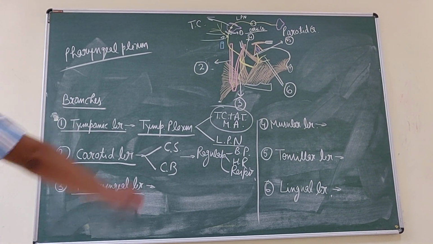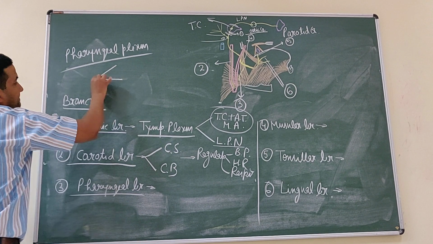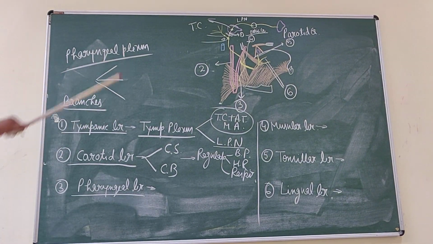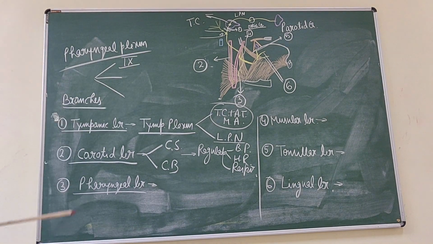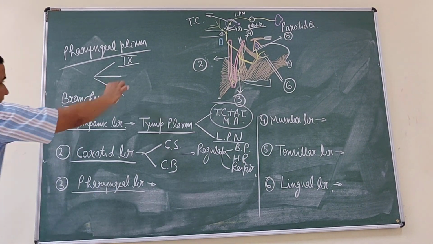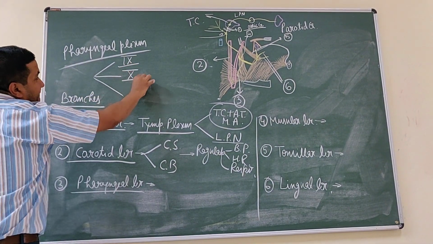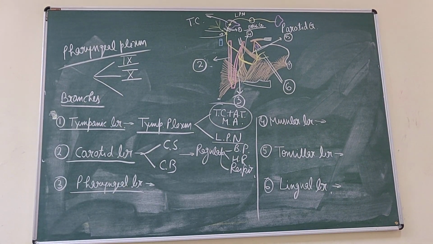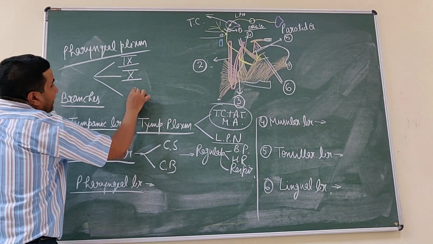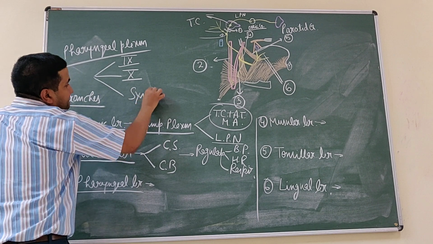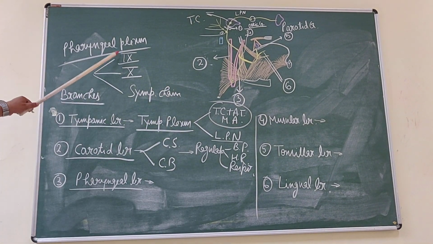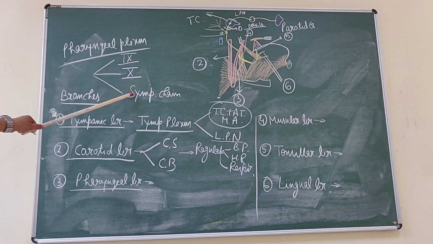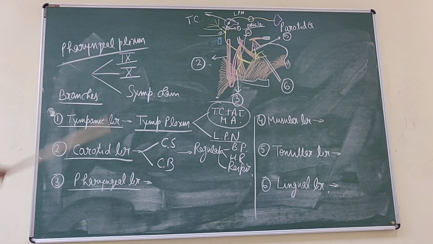And there are 3 nerves that participate in the formation of the pharyngeal plexus. One is the glossopharyngeal nerve, its pharyngeal branch. Then the pharyngeal branch of the vagus nerve. And there are branches of the sympathetic chain. These branches of the 3 nerves form the pharyngeal plexus.